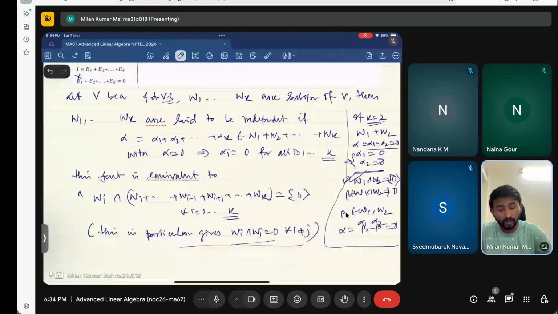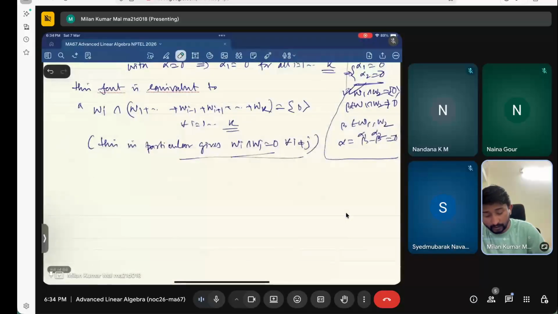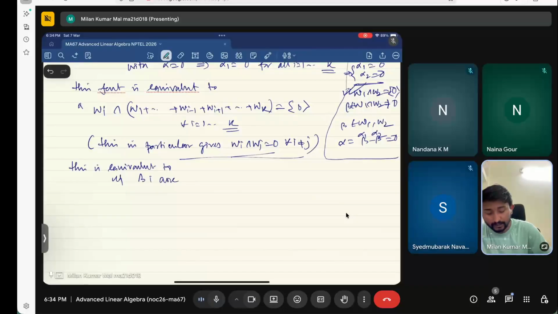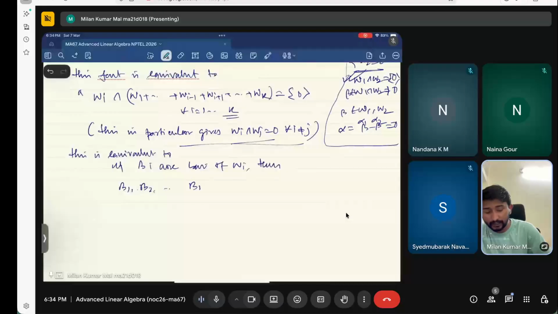Or in other words, if W1, W2, up to Wk are subspaces, this is equivalent to saying that if beta i is a basis of Wi, then beta 1, beta 2, all the way to beta k, if I put together the bases one after another, is linearly independent.